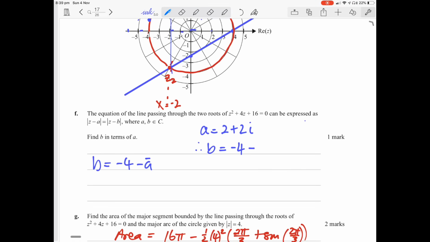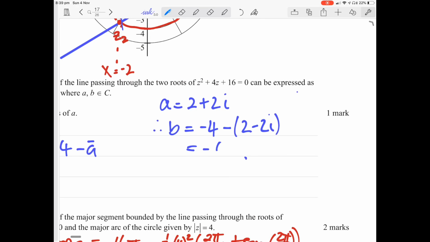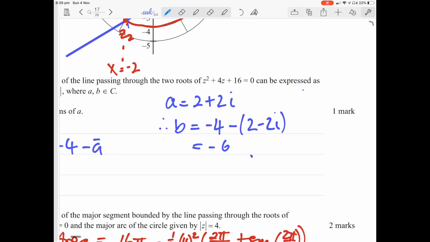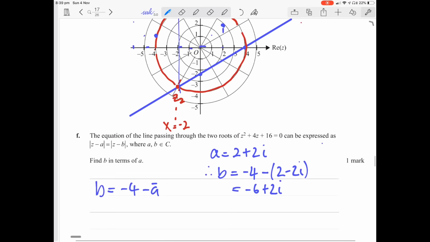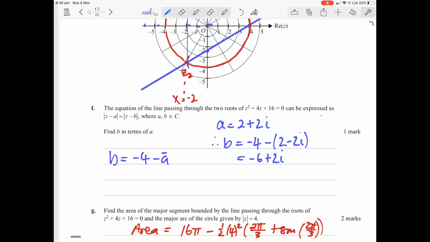So that minus 2 minus 2i, which is negative 6 plus 2i, which is what we want. So that's what B is in terms of A.